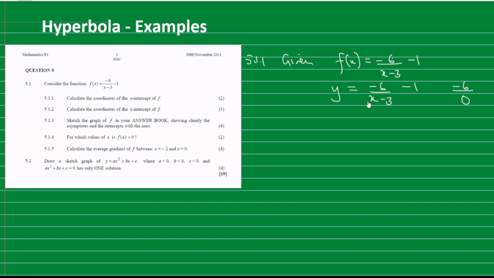So know the shape, the x-intercept, the y-intercept, the vertical asymptote and the horizontal asymptote. So that's what we have here. Now let's come to the questions.